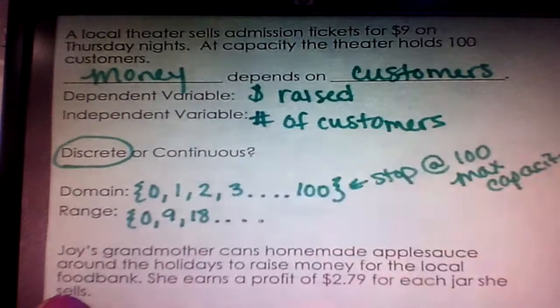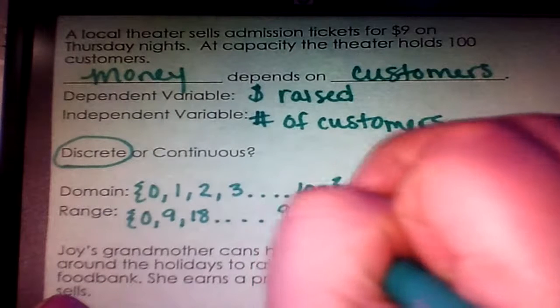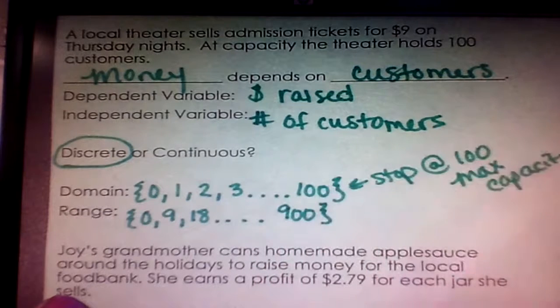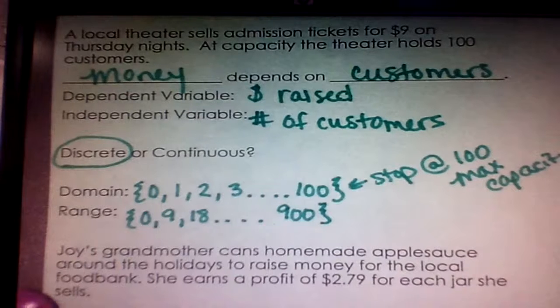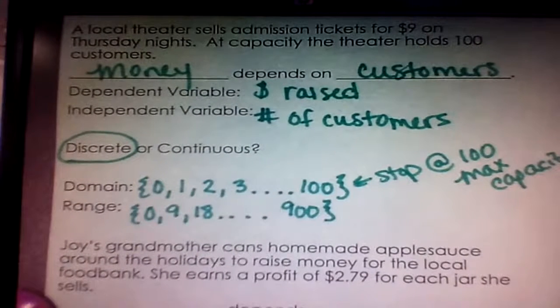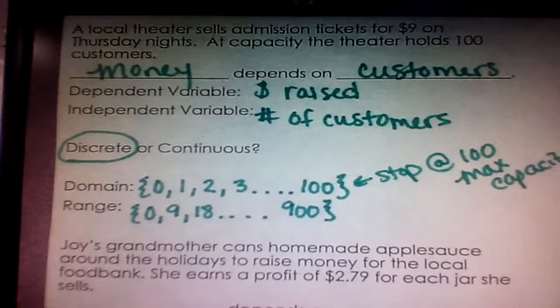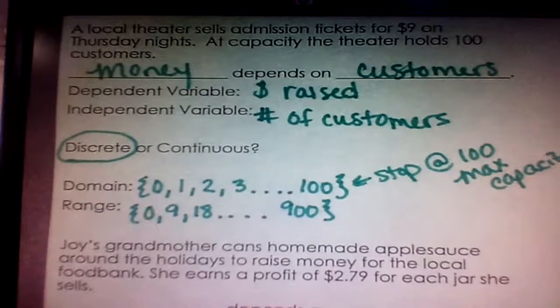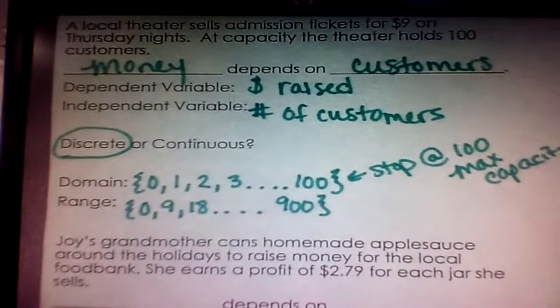What's the highest amount I can have? $900. Okay, if my max capacity is 100, we're not going to talk about those generous people. You got a good thought process, though. I like it. He's thinking extra hard.